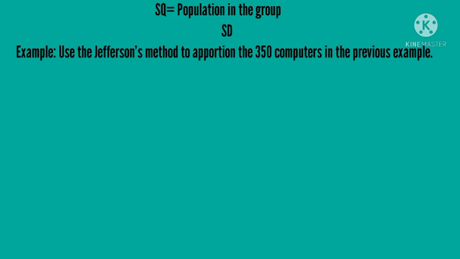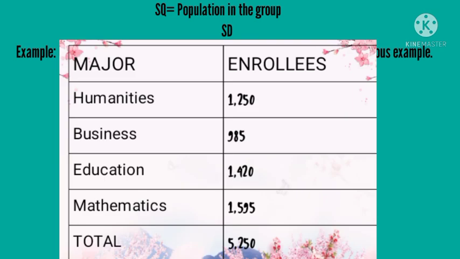Example, use Jefferson's method to apportion the 350 computers in the previous example. So, ang gagamitin lang din natin dito ay yung previous example na majors: humanities, business, education, at mathematics.